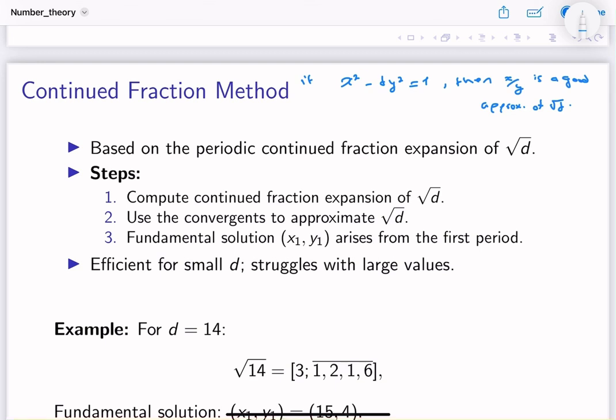So we can start with this irrational number, the square root of d. Remember here, d is non-square, and we can try to find the continued fraction for the square root of d.